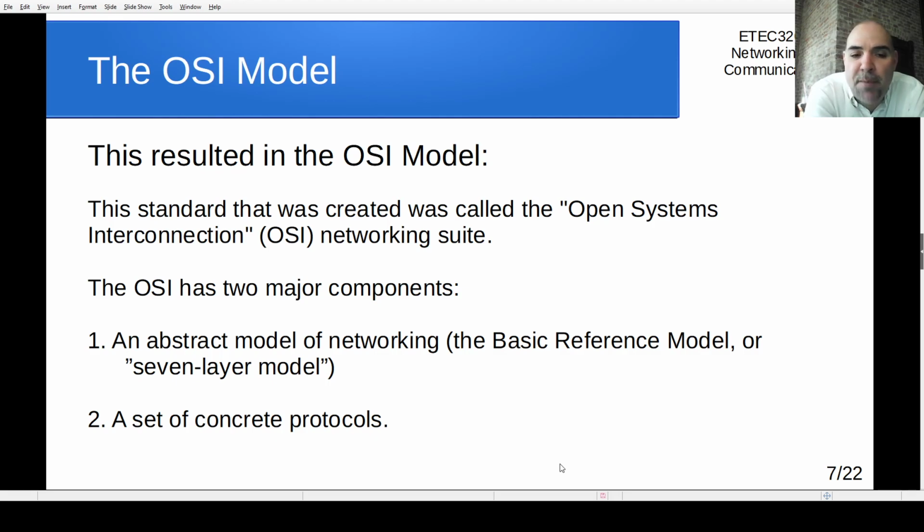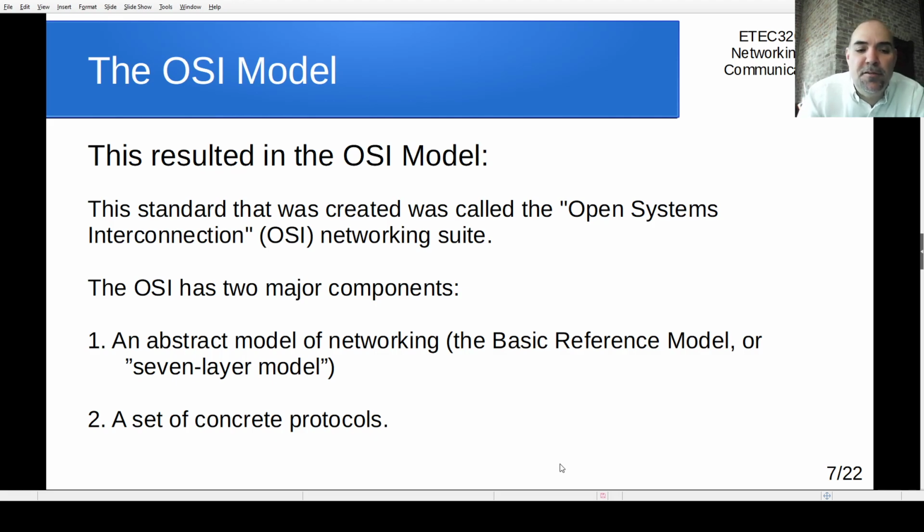The first is an abstract model of networking, which is what we're going to look at today. It's the basic reference model, sometimes called the 7-layer model, or just the OSI model. But the idea there is that it itself is not a protocol. It's more of a way to create protocols that will allow them to more easily be interconnected to each other.